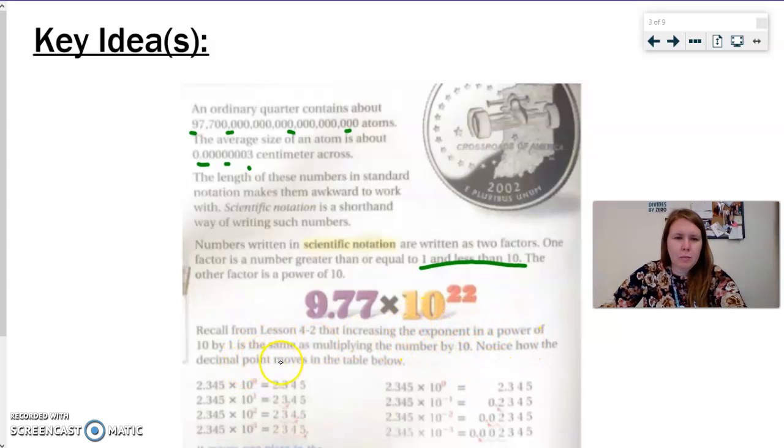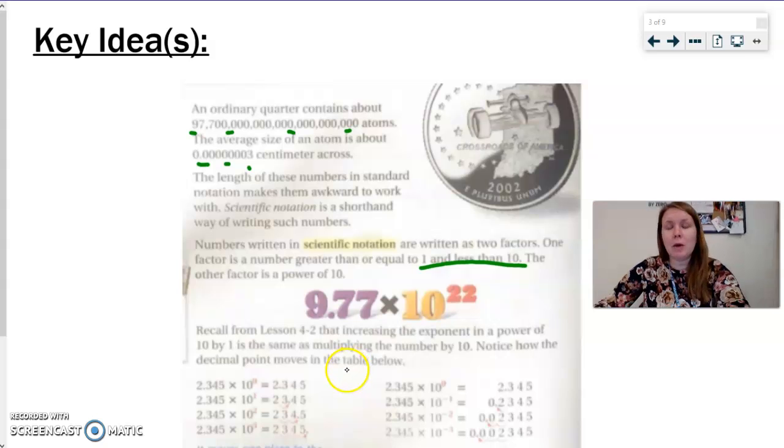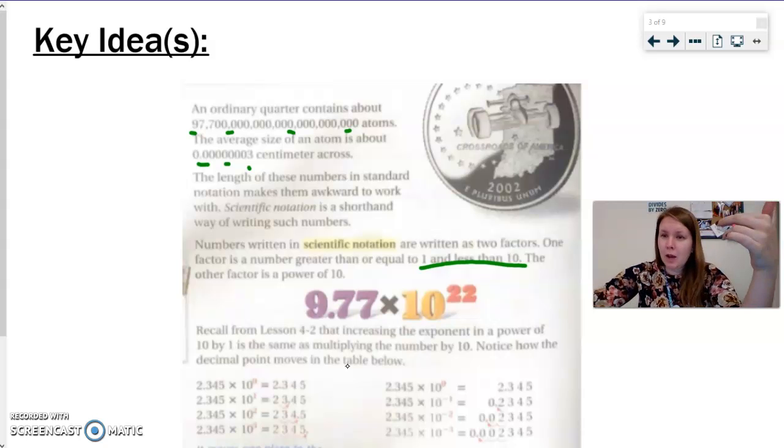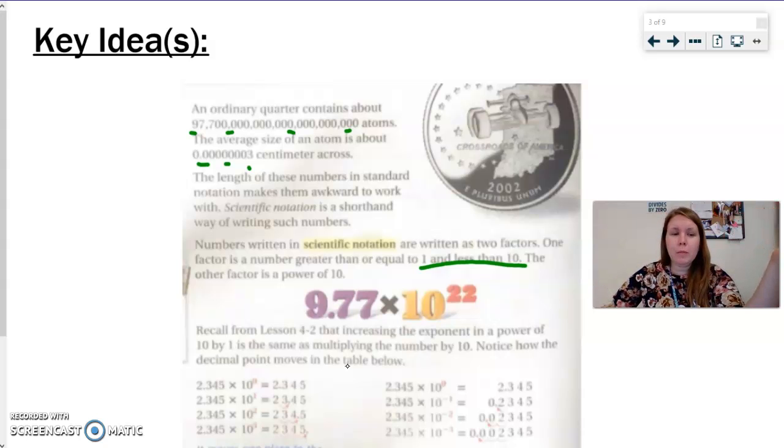Notice how the decimal point moves in the table below. It is very hard to see, but we will continue to talk about how these decimal points move as we multiply either by 10 to a positive power, or by 10 to a negative power.